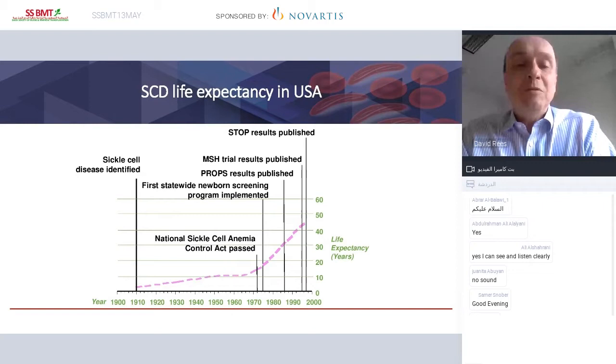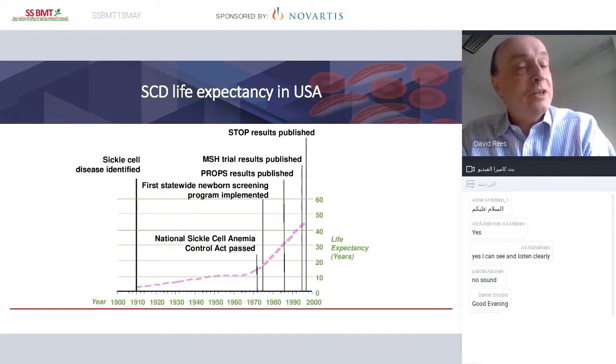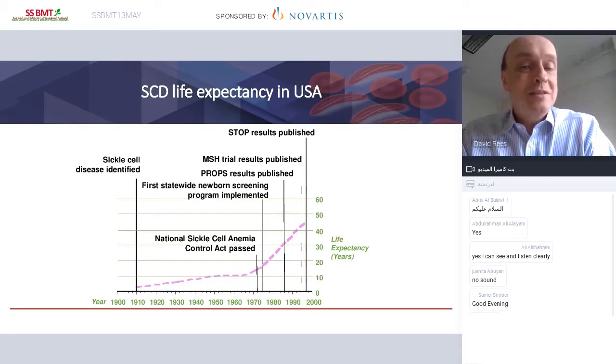The screening came in along with that, so that children were identified early on after birth. And in some countries, the possibility of having antenatal screening to avoid the birth of children with sickle cell disease in various ways has also led to some improvements.